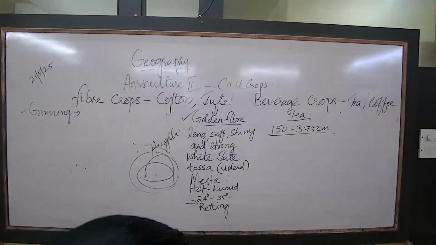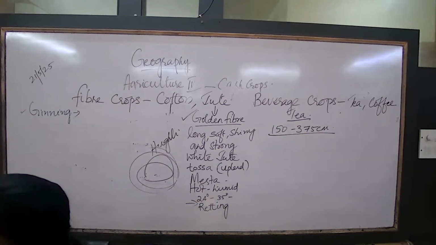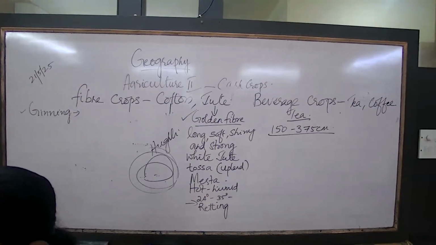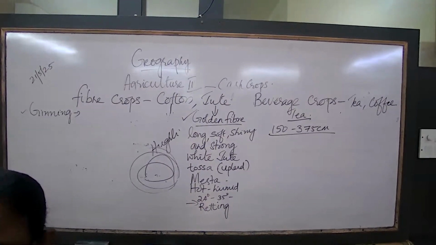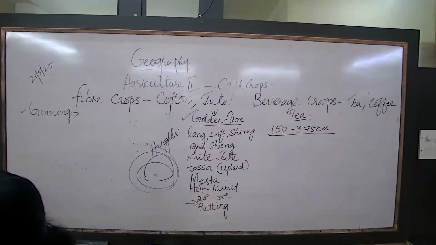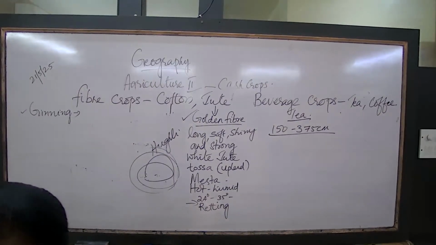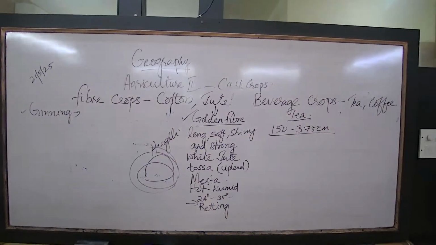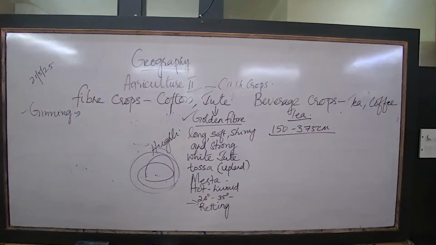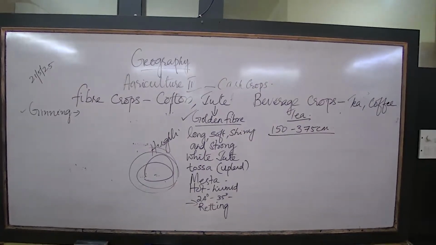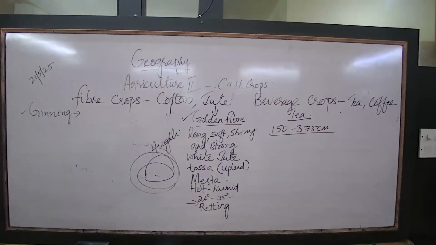That is the importance of coffee. Most people in Kerala prefer to have coffee early in the morning; without coffee, they cannot sustain their day. It is a beverage to drive out sleep.